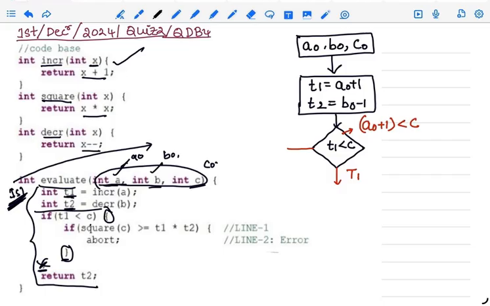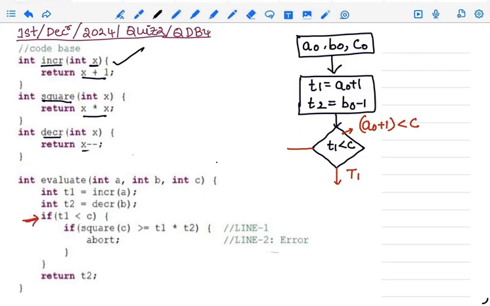This is the first condition, because there are 2 conditions; a second if is also there. If t1 is true, it goes to the nested if and reaches the second if condition.